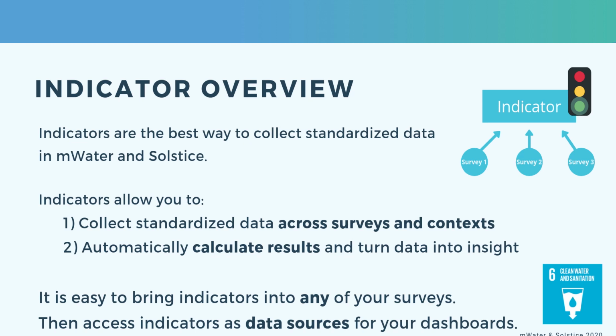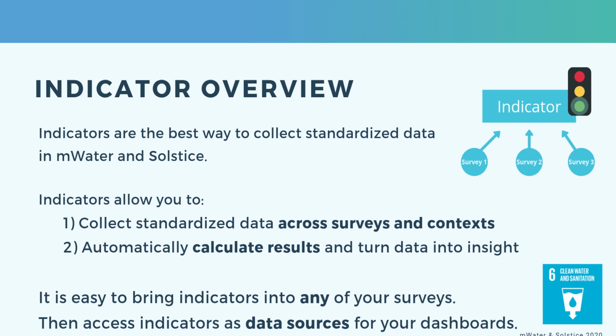In short, indicators are the best way to collect standardized data in mWater and Solstice. Most importantly, indicators allow you to collect standardized data across surveys and across different contexts, like different countries or otherwise relevant contexts.